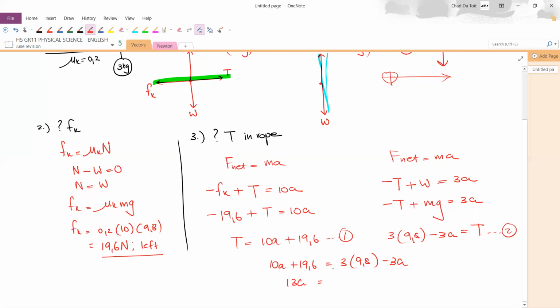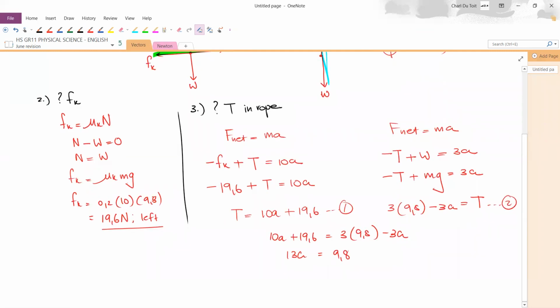And then I get 9.8. That's interesting. Obviously, it's 3 times 9.8 minus 2 times 9.8. That's 1 times 9.8. And I divide that answer by 13. So I get the acceleration of 0.75384.